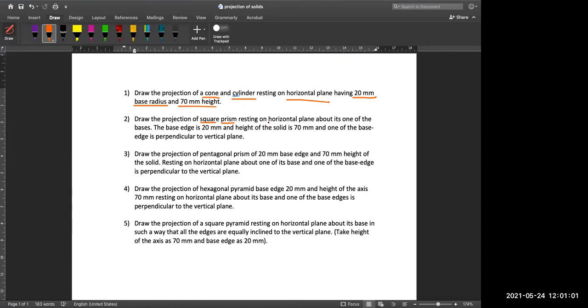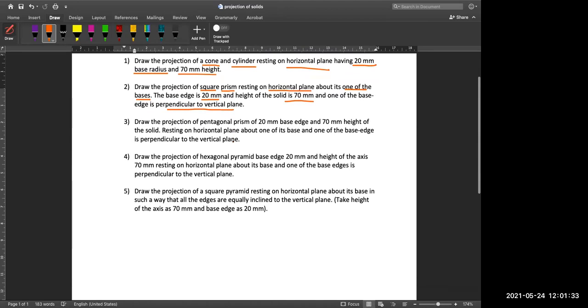It is resting on horizontal plane on one of its bases. The base edge is 20 mm and the height of this solid is 70 mm, and one of its base edges is perpendicular to the vertical plane. So how it will look, we will see.